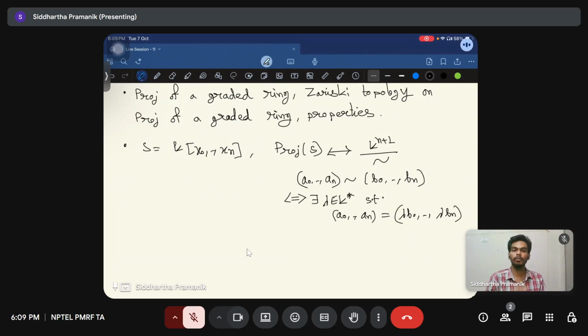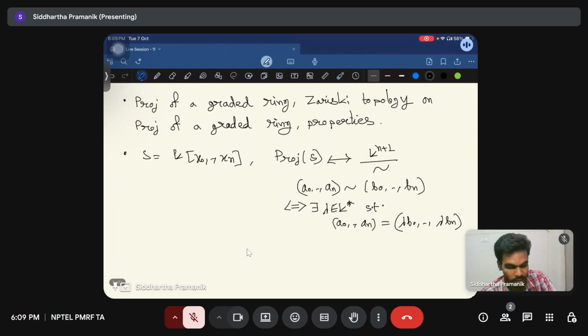If we go modulo this equivalence relation, we get Proj, the n-dimensional projective space over K.